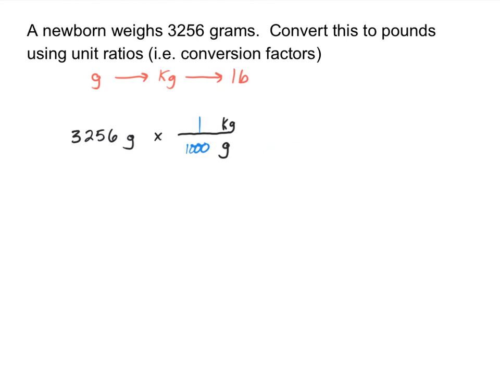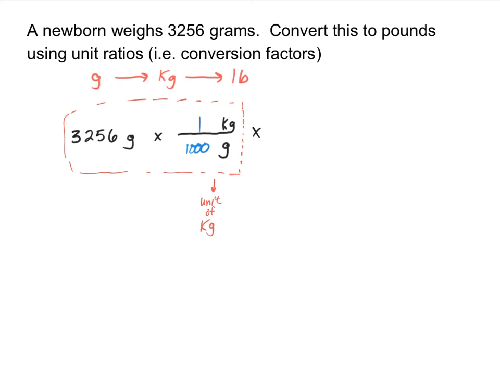The good thing about just multiplying by unit ratios is actually we can move forward. We can do an additional step. If I were to stop right here, and I'm going to just draw a dashed line, this product right here will change my grams into kilograms. So I know at this step, when I multiply here, I will have a unit of kilograms.